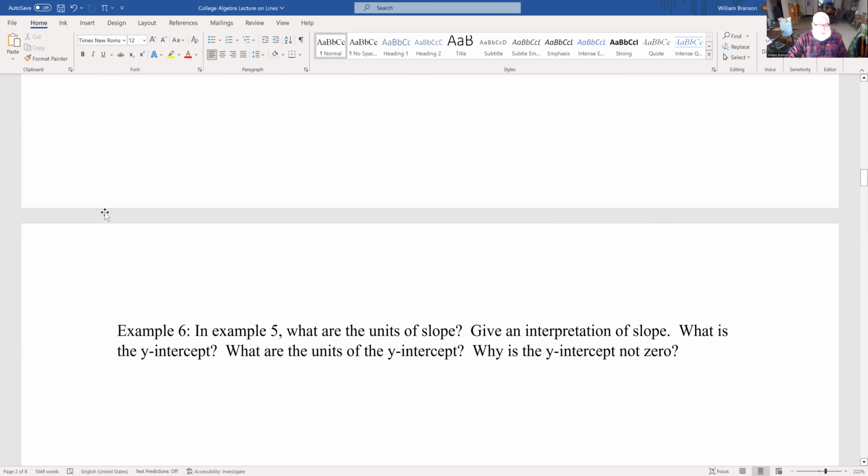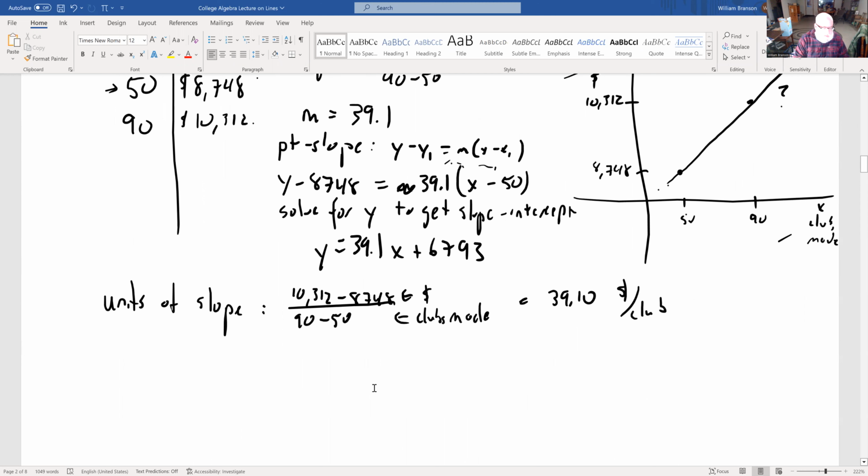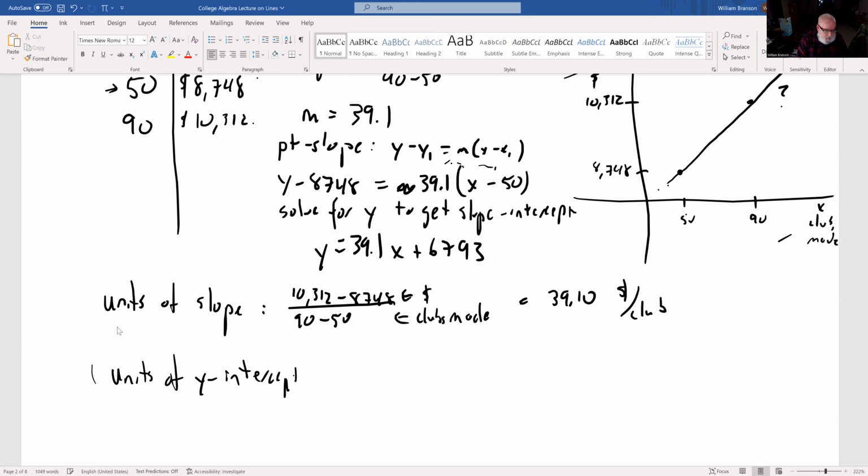What is the y-intercept? This number here, the 6,793, is the y-coordinate of the y-intercept, the x-coordinate being 0.